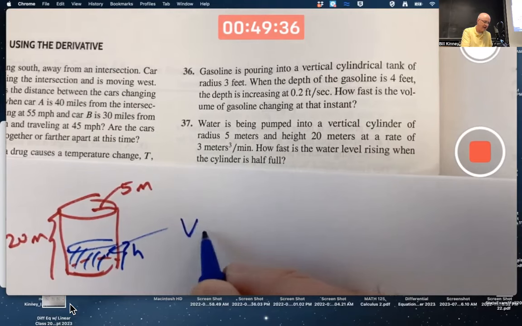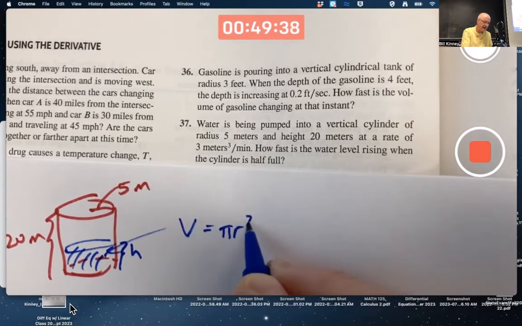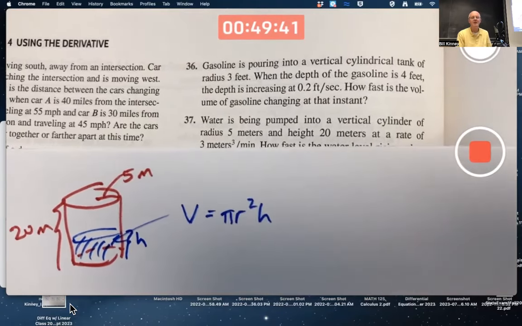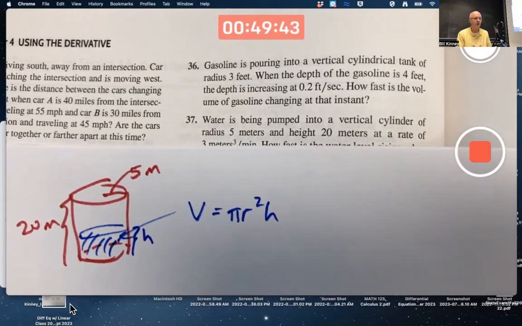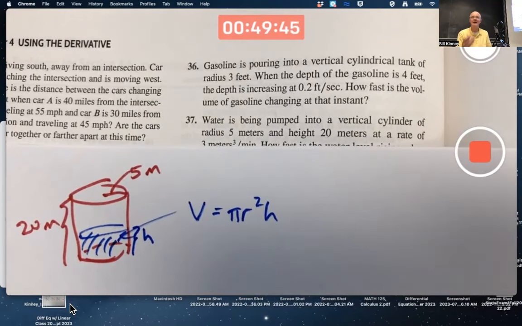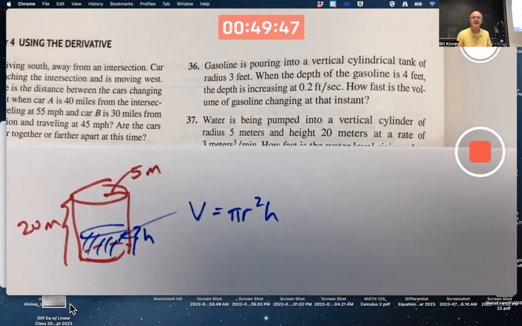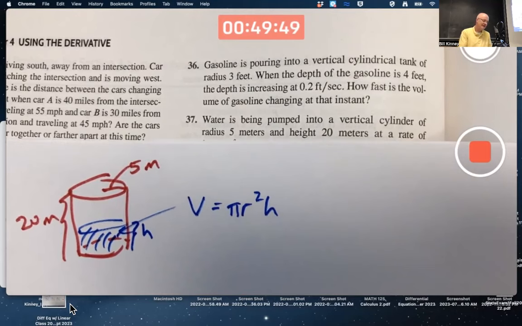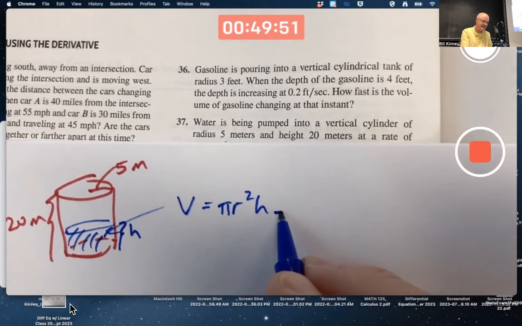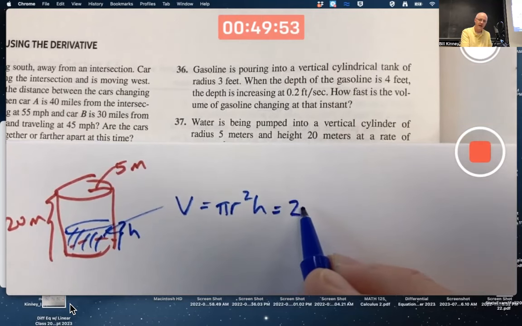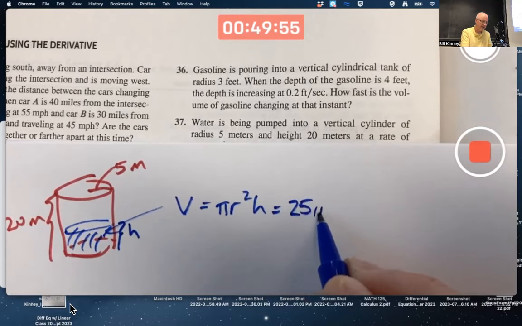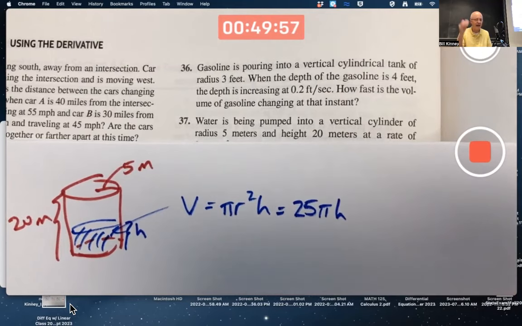The equation V equals pi r squared h can be used again. And once again, just like before, it's really referring to the liquid, not the entire cylinder. Once again, I can plug in the radius. r equals 5, r squared would be 25, and we get V is 25 pi h.